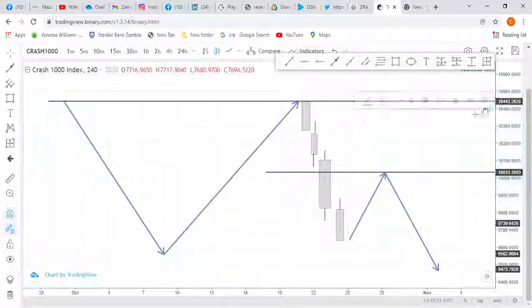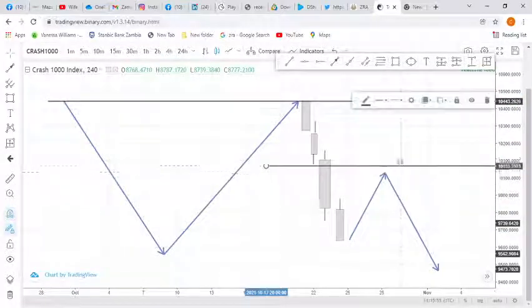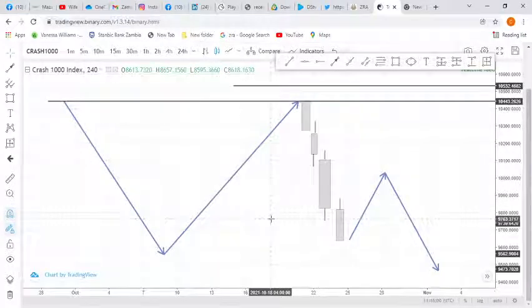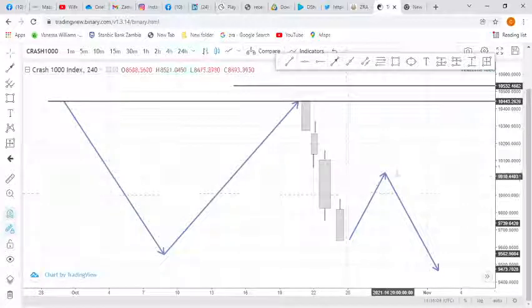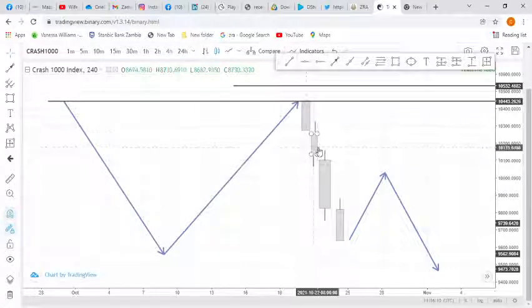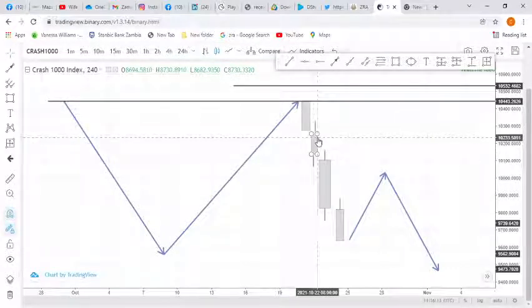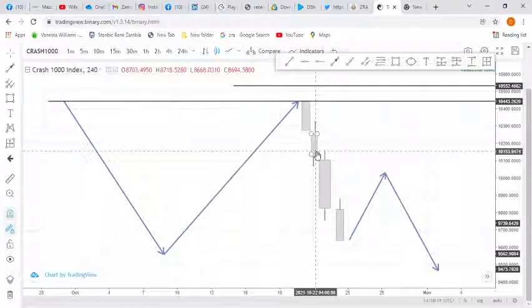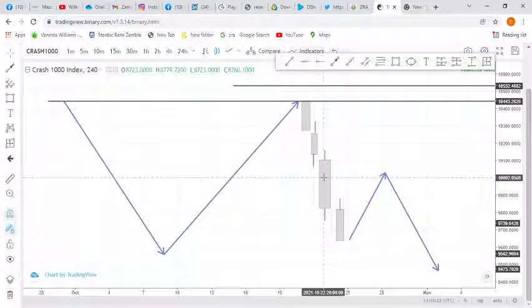So here, what we do is this. When we are making entries, or when we are marking up imbalance, what we are going to follow is counting the candles starting from the first candle. If we count one, two, the second candle should be smaller than the third candle.